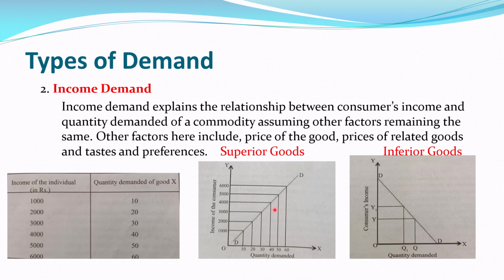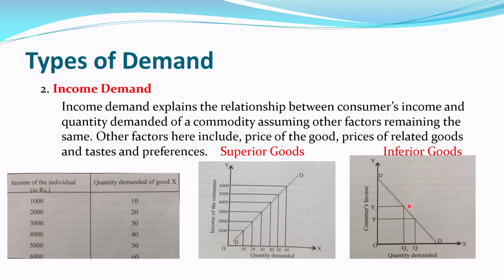So this demand curve explains that there is a positive relation between the income of the consumer and quantity demanded. So when income of the consumer increases, he spends more income on superior goods. That is, the quantity demanded is increasing here.